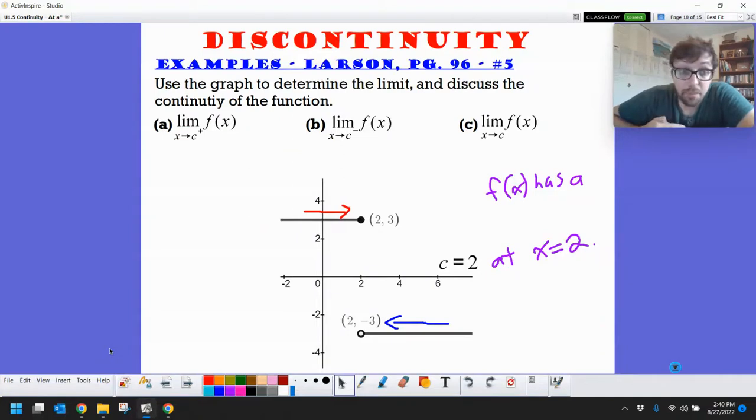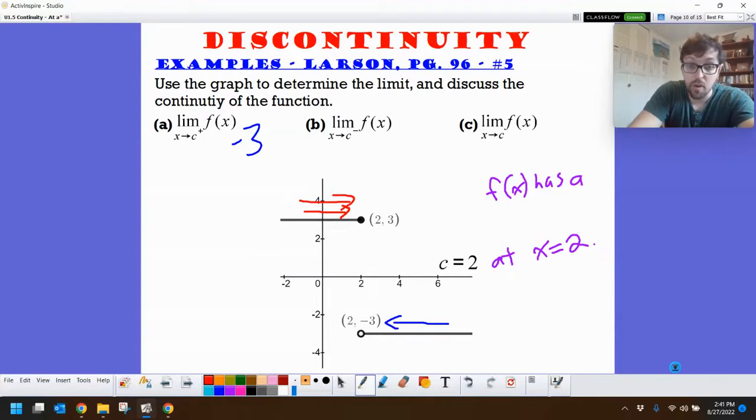So in this example, we have the function heading towards a particular value, in this case c, and we want to see what's going on. As we come in from the right, we are heading towards -3. And as we come in from the left on that red arrow, we are heading towards +3. And you say to yourself, oh no, those two things are not equal to each other.